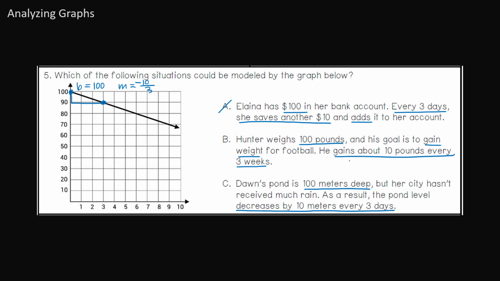That's a positive change. It doesn't represent what's on the graph. And last one, the pond level decreases by 10 meters every 3 days. The rate is 10 over 3 and it's decreasing. So I would say this situation accurately represents this graph. For additional practice with problems like this, try out number 6.